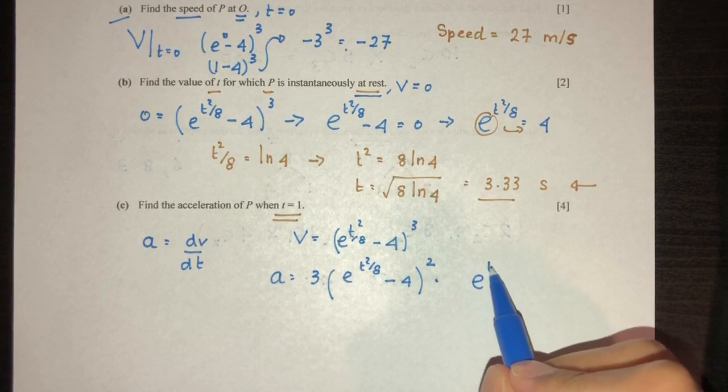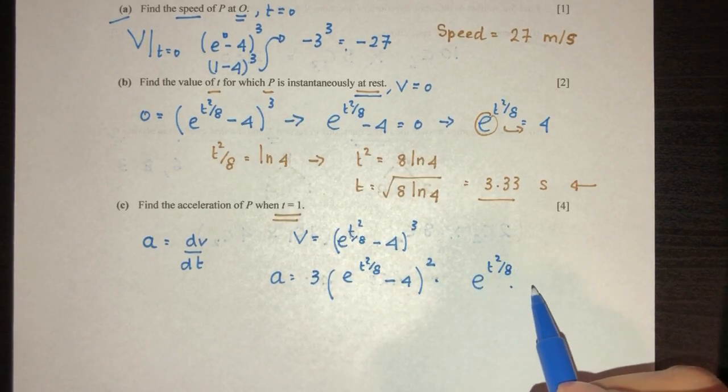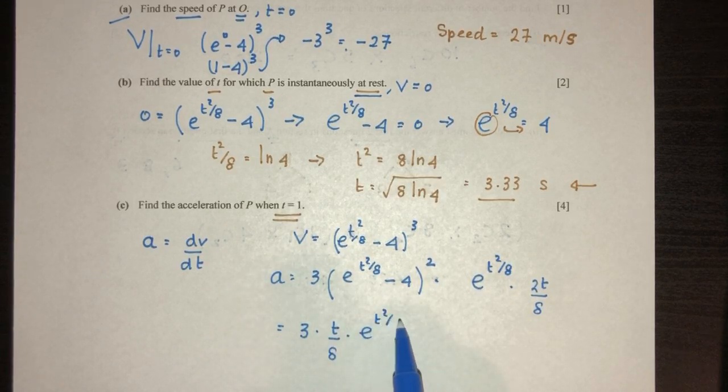Exponential will remain the same, multiplied by the derivative of the top, 2t over 8. That will become 3 times t over 4 times exponential t squared over 8, times exponential t squared over 8 minus 4 power 2.